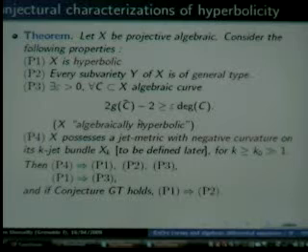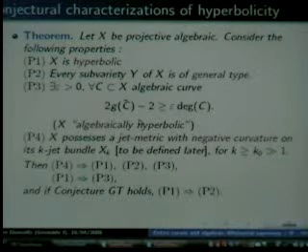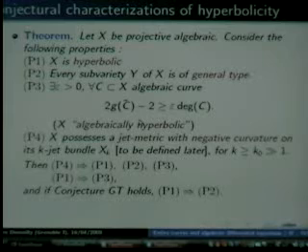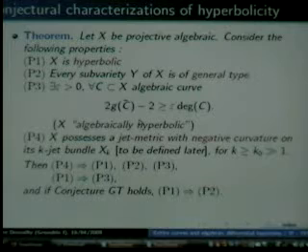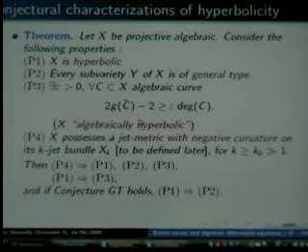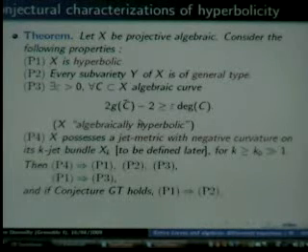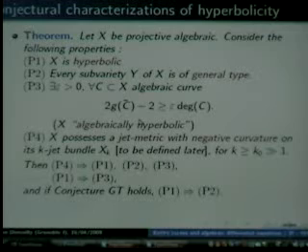Actually, it's the opposite of the Euler characteristic. And then this should be strictly positive and uniformly bounded below by a multiple of the degree of the curve. If you have such a bound, you say that X is algebraically hyperbolic.